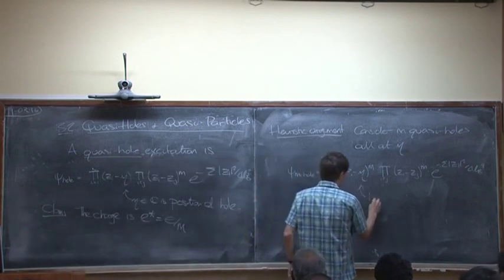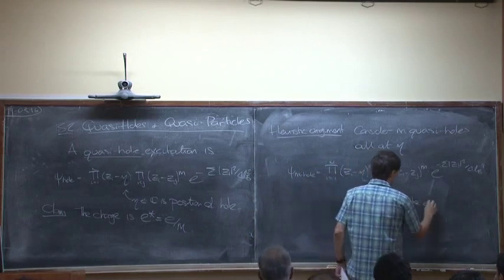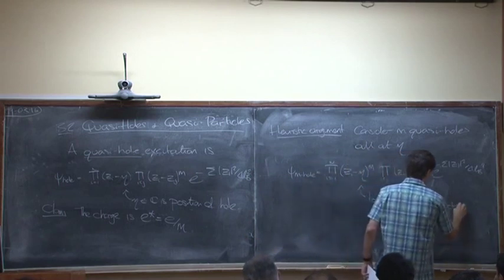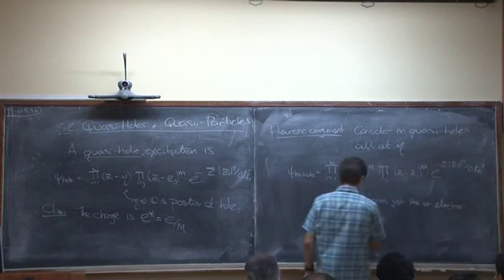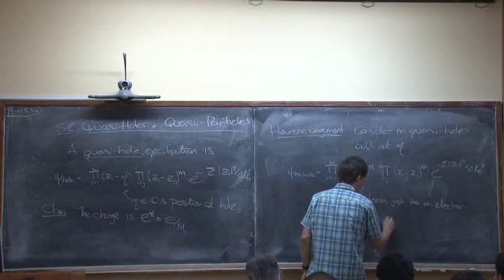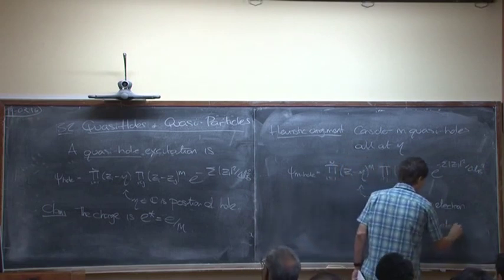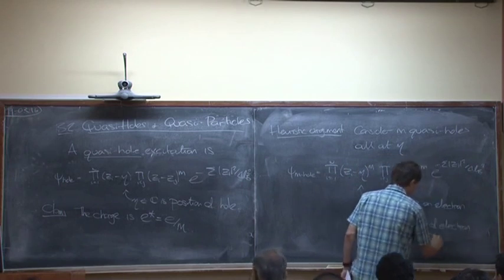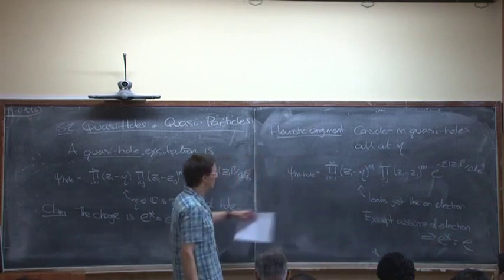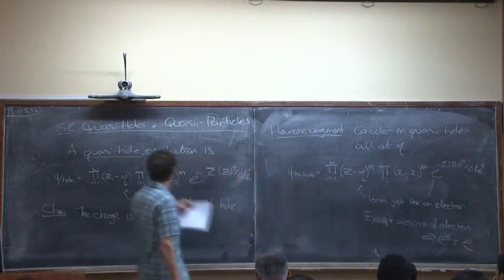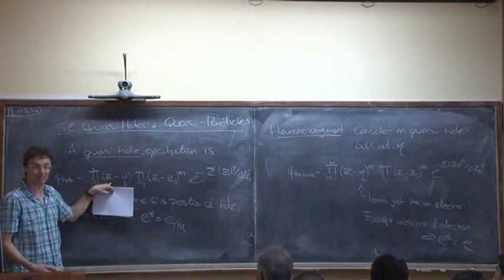Okay, so the argument is this looks just like an electron, meaning this term looks just like this term, except it's the absence of an electron. Okay, so the charge of this should be E, which means this is just m of these, so the charge of this should be E over m.